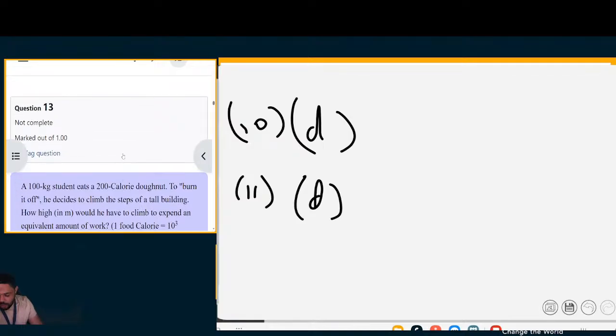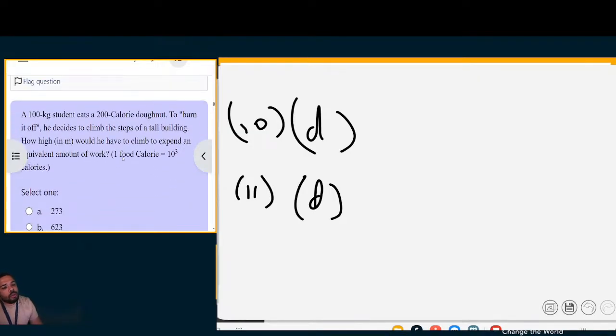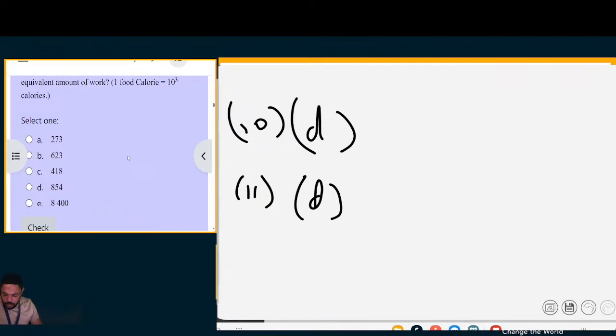Now the last one, number 13, we will do the calculations, because it's interesting.